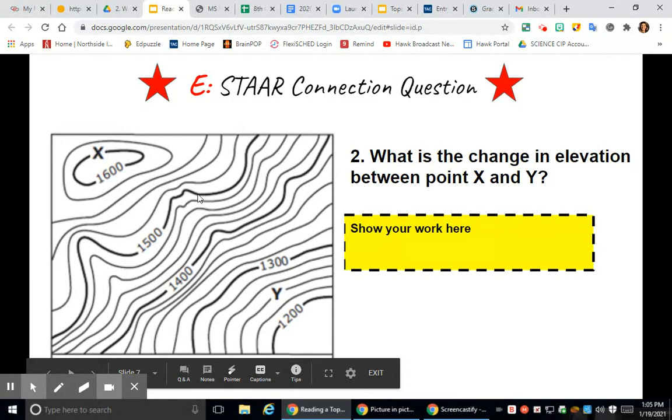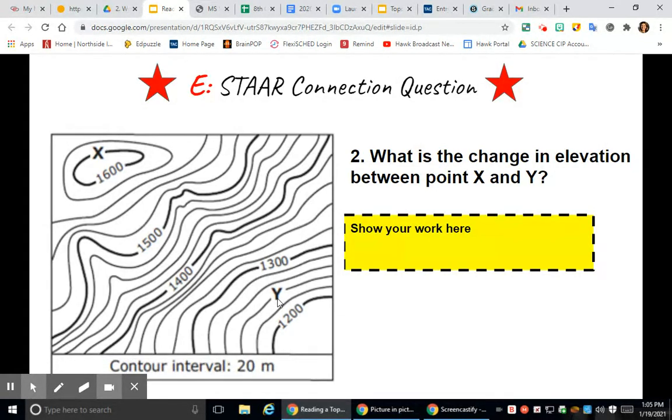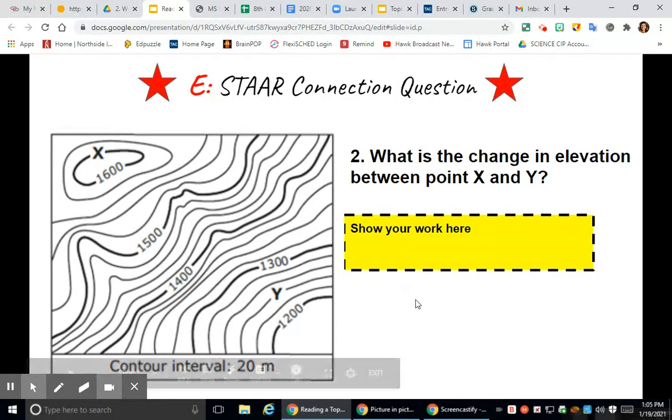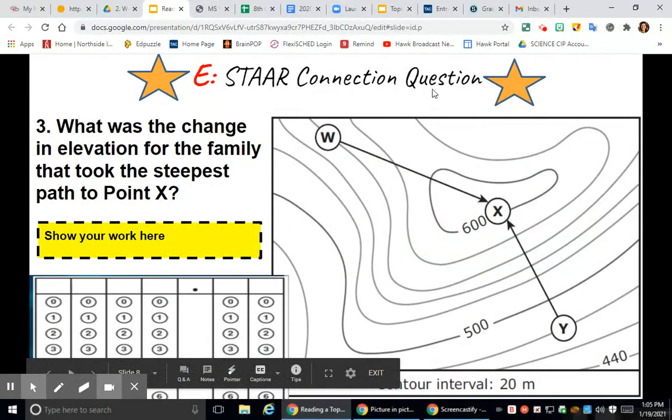I'm getting 360 is my change in elevation from X to Y. Okay, so think of it as a hiker. If you were here and you wanted to go to the top of the mountain, what is the change in elevation you must go? So you have to find out what elevation you're on and where you need to go.